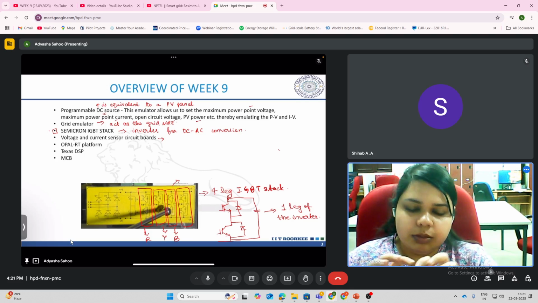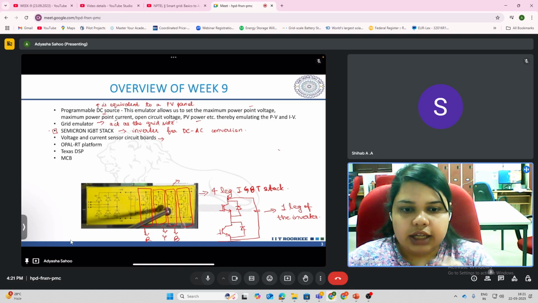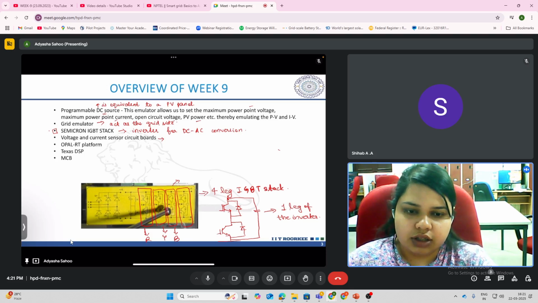The reference signals for the other inverters are given by the grid forming inverter. In that scenario, the grid forming inverter takes the place of the grid and gives the reference signal to the other inverters, and the microgrid can function in the islanded mode of operation.